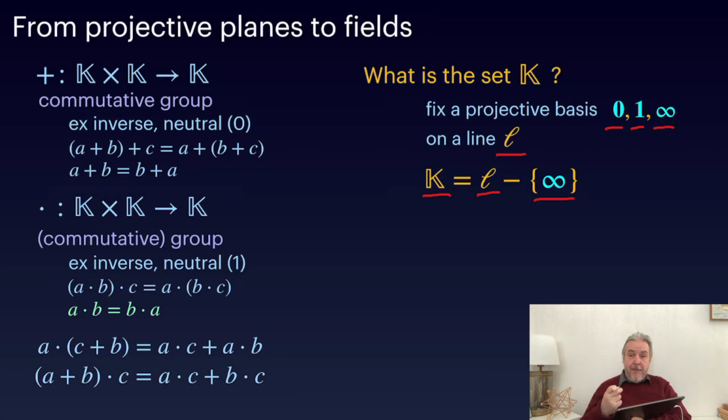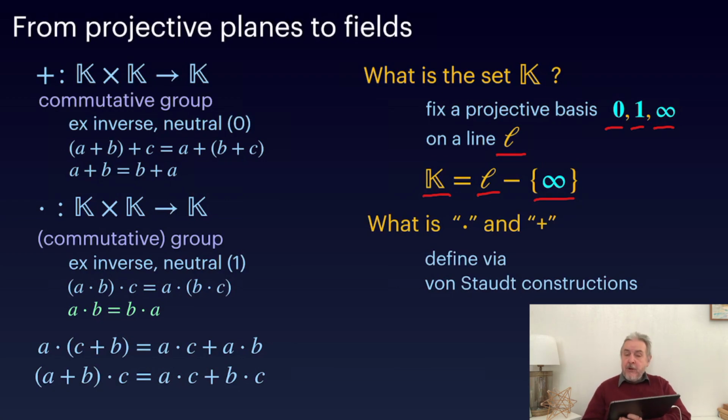The field elements that we will construct are points on a line. So what will be addition and multiplication? You remember the von Staudt constructions that were a good tool that related somehow geometry to the algebra of addition and multiplication, and we will use definitions of multiplication and addition via von Staudt constructions.